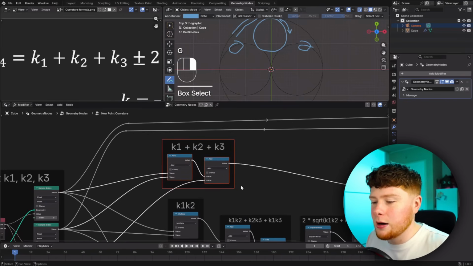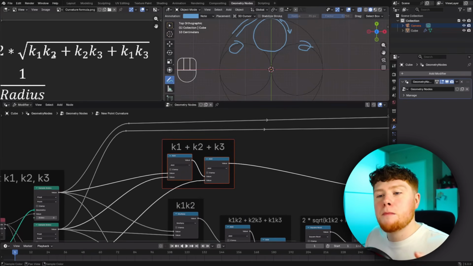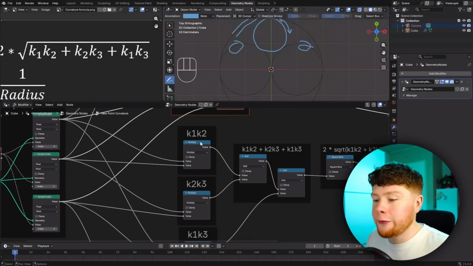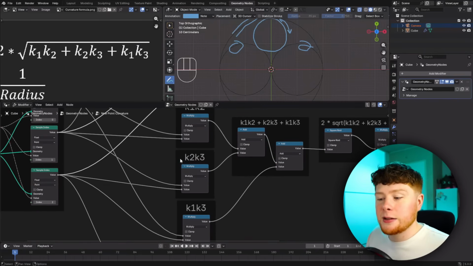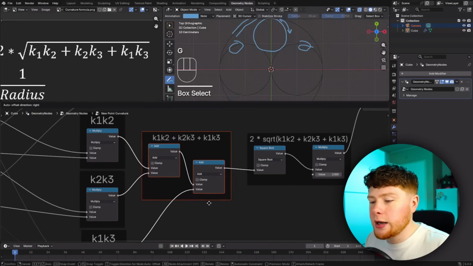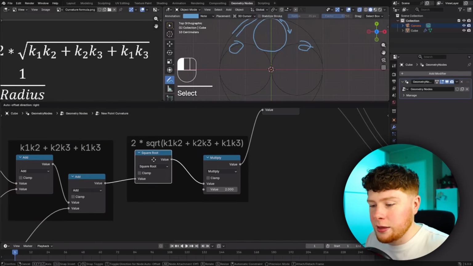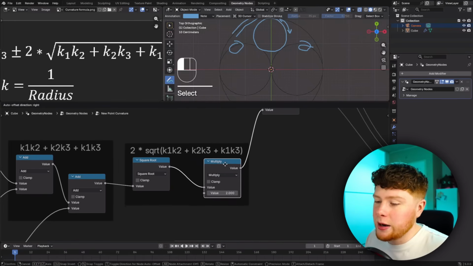And that's what I do over here. And then in the second part of this formula, you see we have to multiply them by each other. So we first have to multiply 1 and 2, then 2 and 3, and then 1 and 3. And then once we've done that, you see we have to add those together again. And that's what I do over here. And then we take the square root of that entire thing and that we multiply by 2.